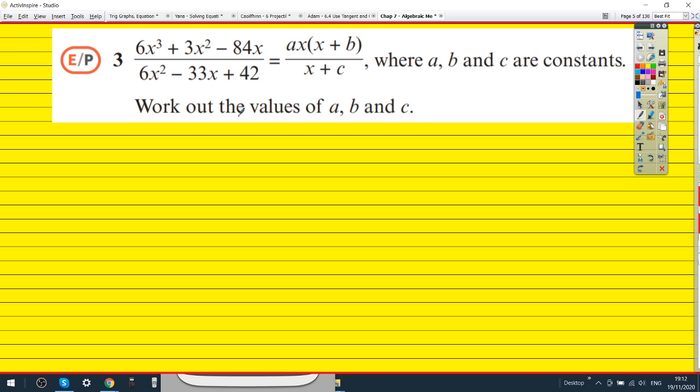Okay. So x1 is 7 over 2, x2 is minus 4, and x3 is 0. So they would be on the top brackets x minus 7 over 2. Can't have fraction or decimal, so what do you do?